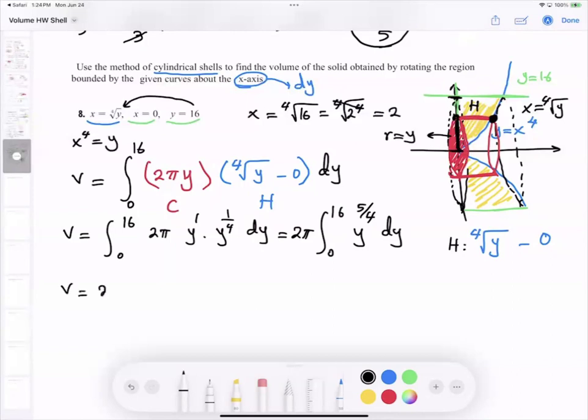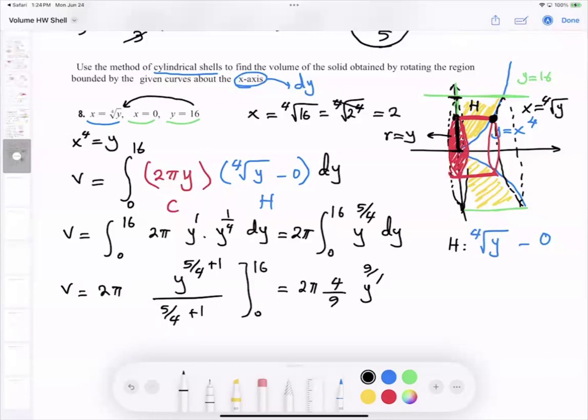which is equal to 2 pi times y to the power 5 over 4 plus 1, divided by 5 over 4 plus 1, where y ranges between 0 and 16. This can be written as 2 pi. Here in the denominator, if you take a common denominator, you get 9 over 4, so 4 over 9, y to the power 9 over 4, from 0 to 16.